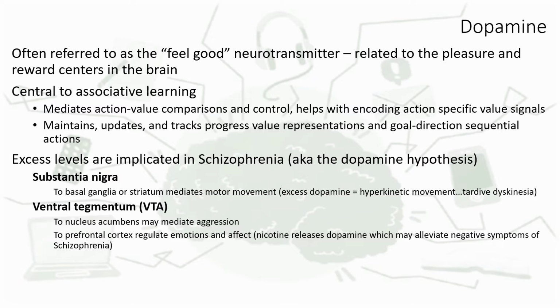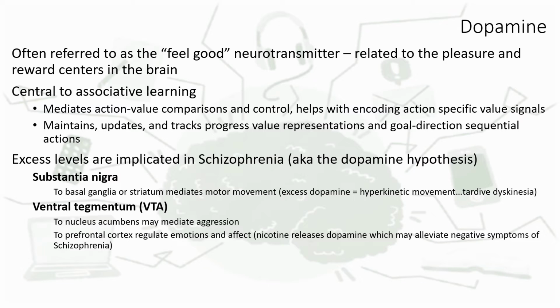The fibers from the ventral tegmentum to the nucleus accumbens are thought to mediate aggression. Ventral tegmentum to the prefrontal cortex helps to regulate emotions and affect. Nicotine releases dopamine, which may alleviate negative symptoms of schizophrenia.